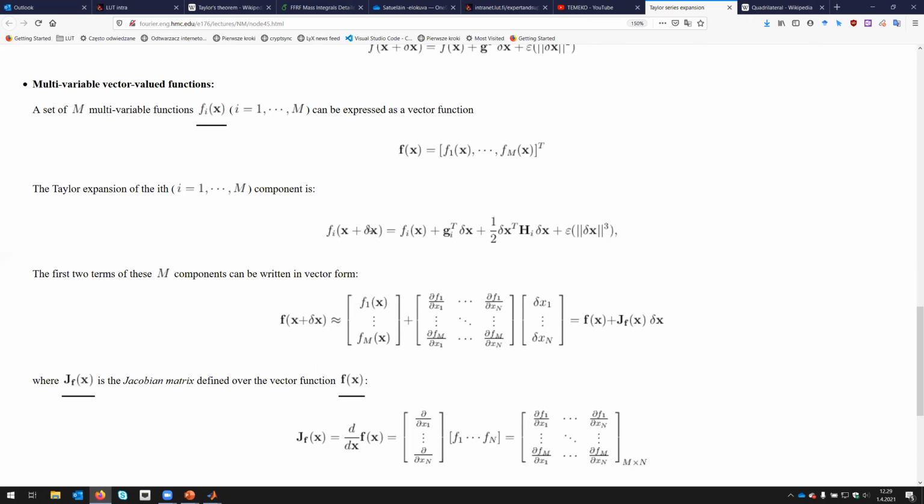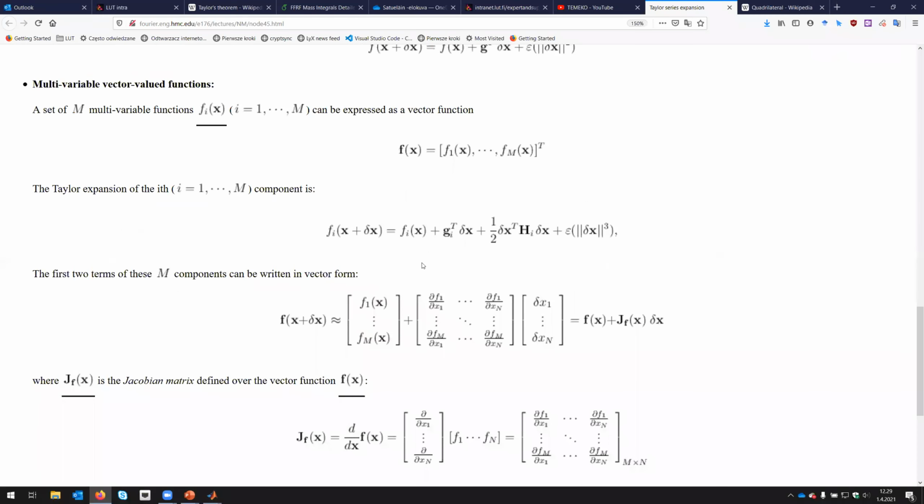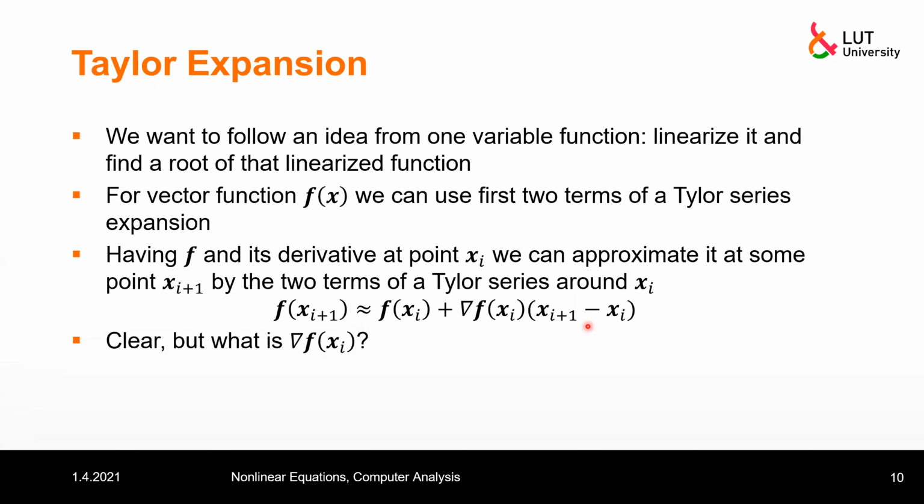So here we have this delta x, and delta x appears here. Delta is our target point minus our current point. If we set the delta and the expansion is around xi, and write this canonical form, assuming that delta is equal to that value, we simply get this equation. Okay, any questions?